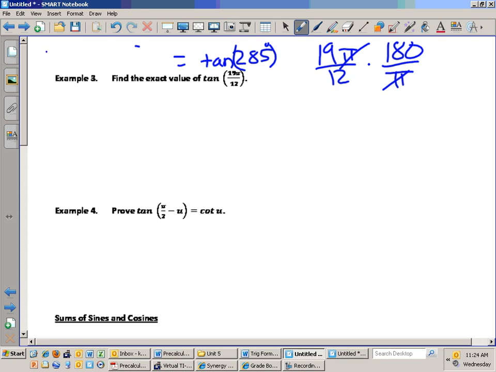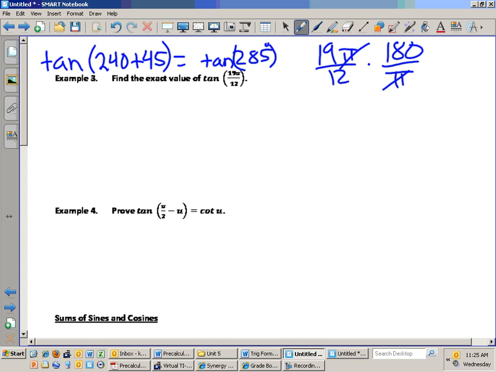Well, the tangent of 285 is the same as the tangent of what are two that we know that add to 285? 240 and 45. So those would be good choices.